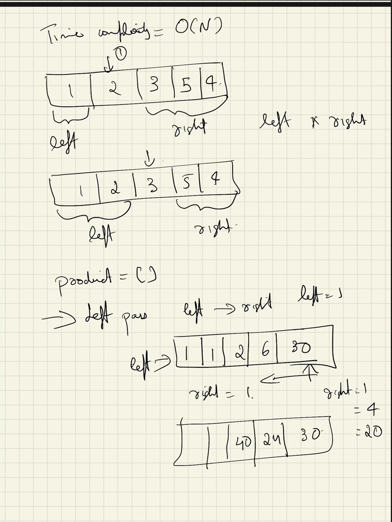And then we'll have 20 times 2, that becomes 40. Now 40 times 1 is again going to be 40.